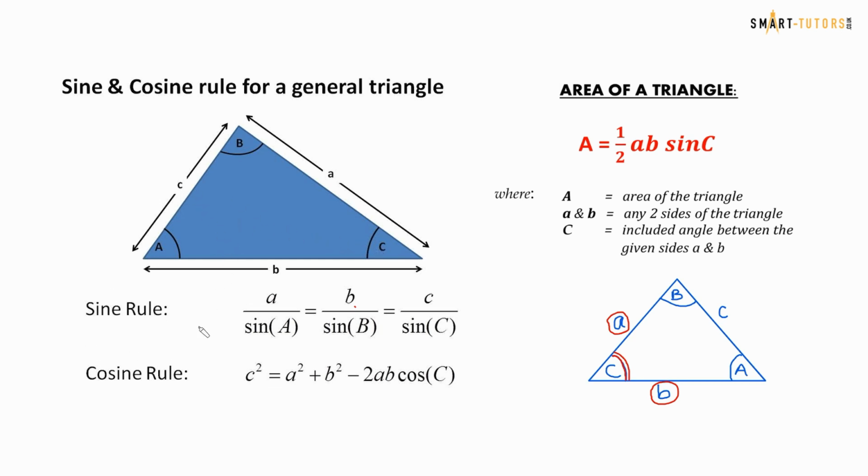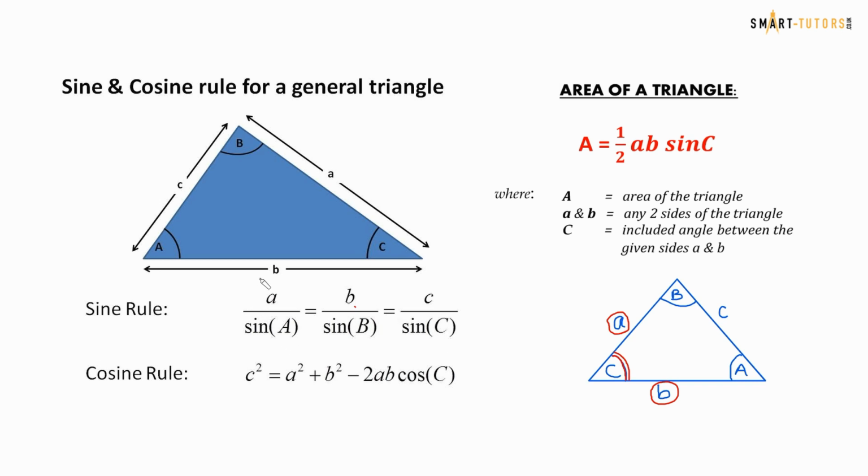So the sine rule is small a over sine capital A equals b over sine capital B equals c over sine capital C. What we want to note here is that the top bits are sides and the bottom are sines.